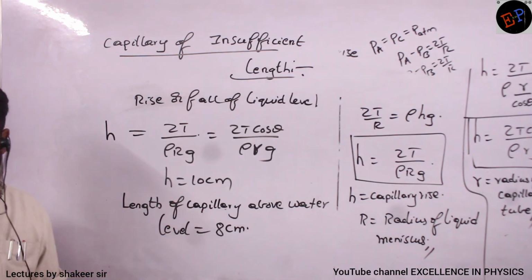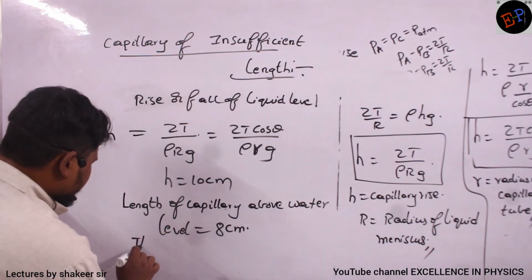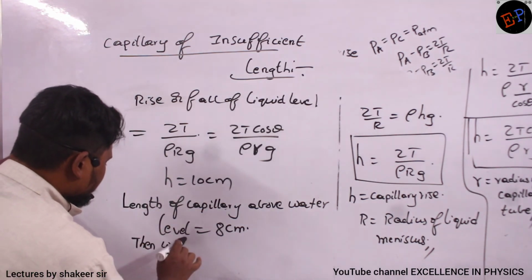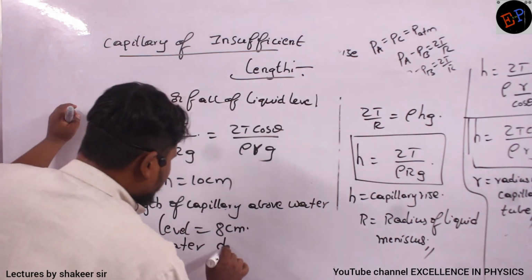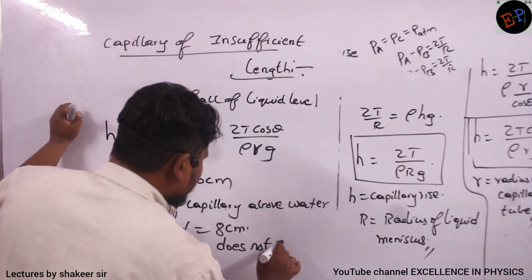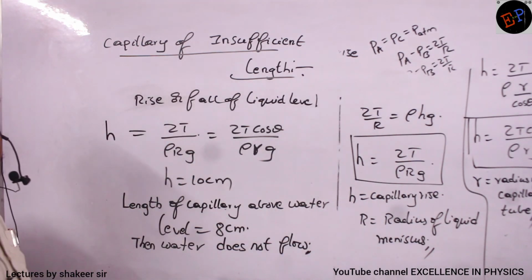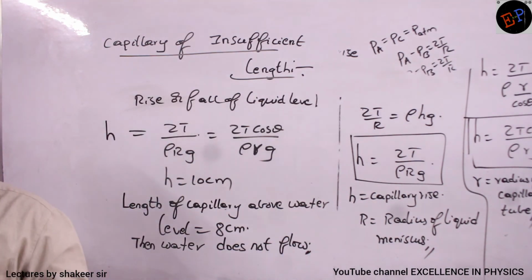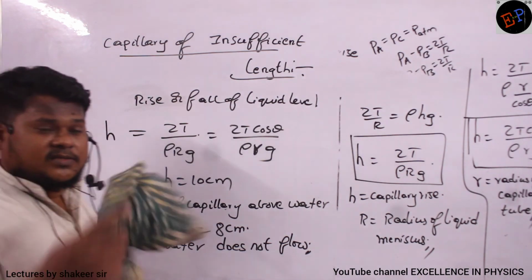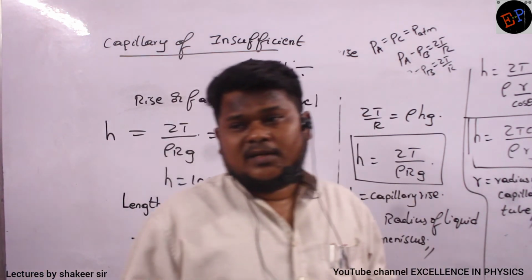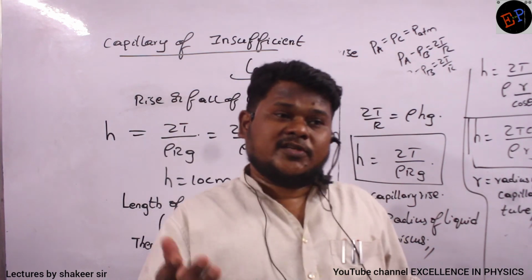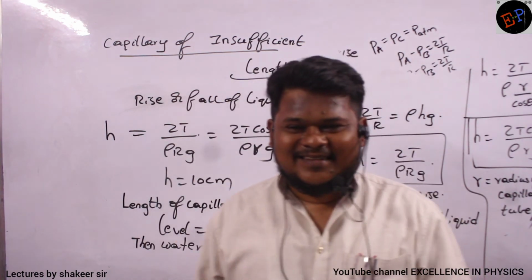Only 8 centimeter. Then the liquid does not overflow. It appears as if it overflows, but overflow does not happen. If overflow happens, it is against the law of conservation of energy. It means you are not using any energy and still water is flowing. That is not possible.